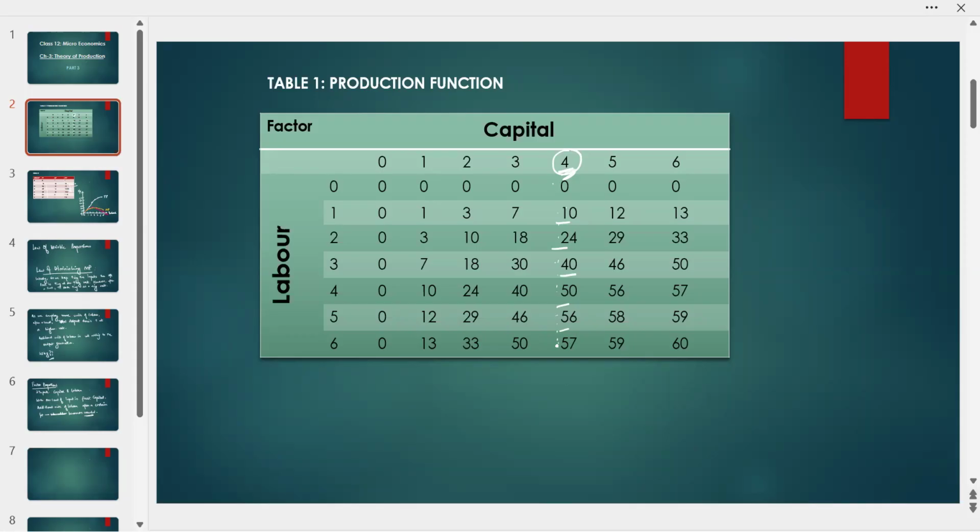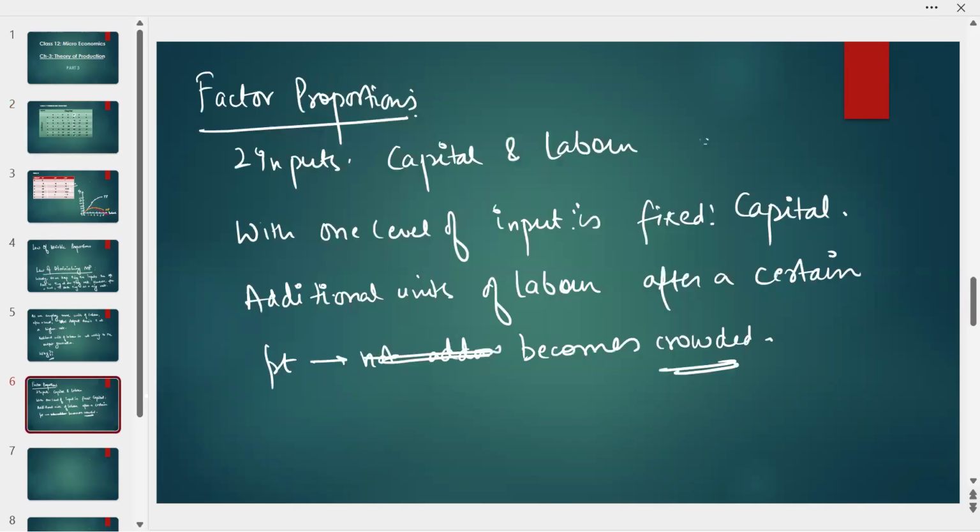On employing 1 unit of labor, we have 10 units. On employing 2 units of labor, we get 24. But after a certain point, the total output is not being added up too much. If he adds another labor, it becomes crowded and doesn't add much value to the output, right?